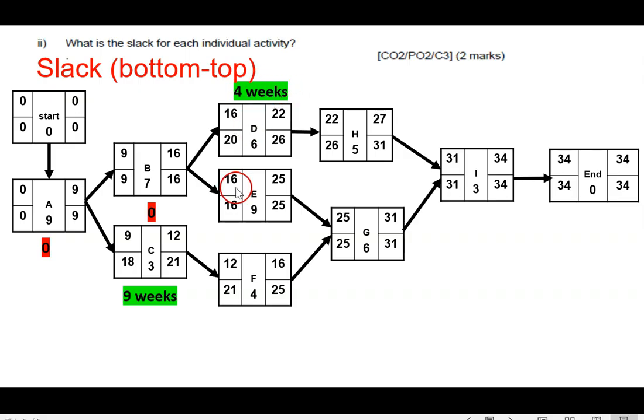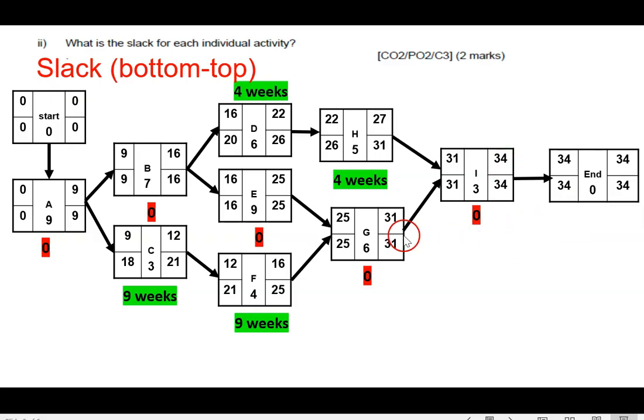For this one, 16 minus 16 and 25 minus 25 is 0. For this one, 21 minus 12 and 25 minus 16, both are 9 weeks. This one is 25, 25, 31, 31 is 0. This one is 26, 22, 4. This one also 4. And this one is 0, 31 minus 31, and 34 minus 34.